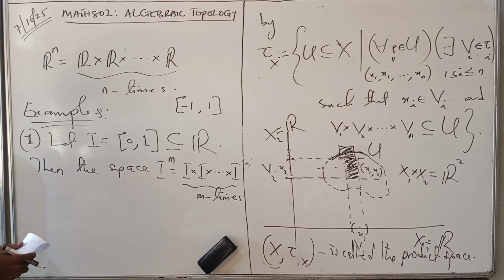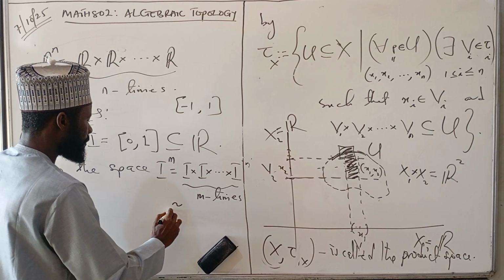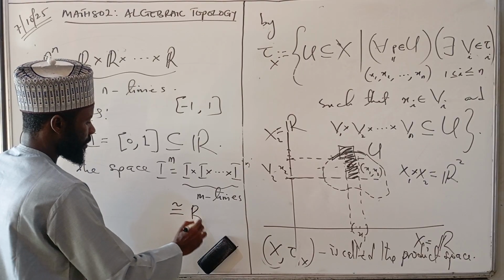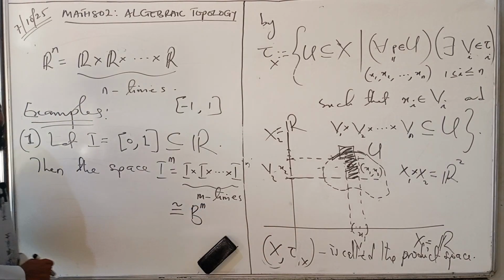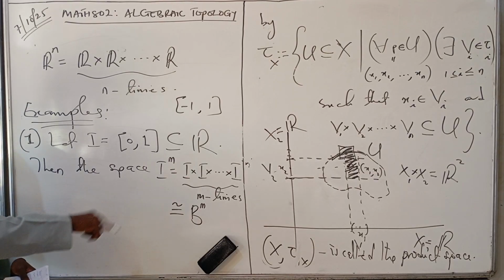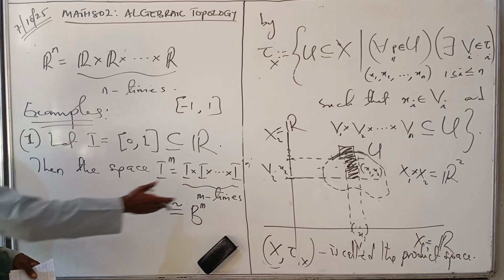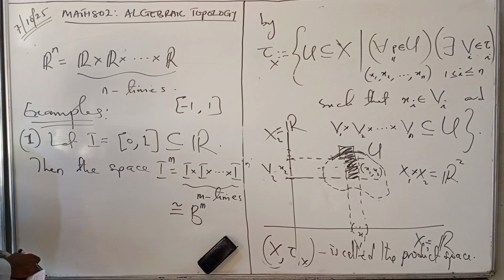All right. So this will still be homeomorphic to the m ball, if you understand what I'm saying. Because this one is already homeomorphic to the one ball. So you can take a ball and take the product of the ball n times and get an m ball. Are you following?